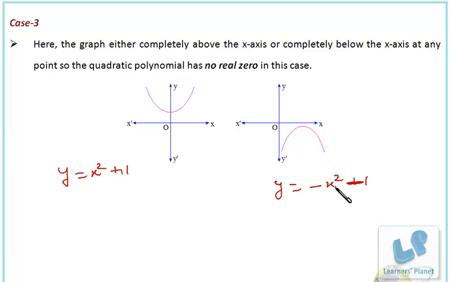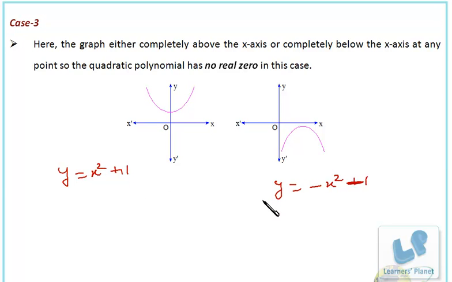Okay. If you put x is equal to 0, you'll be getting y is equal to minus 1. If you put x is equal to maybe minus 1, so it's minus 1 square, that will be 1, and this is minus 1, you'll be getting minus 2, right? So y will never be 0, right? So these are the two parabolas which we'll be getting when there is no real solution to the given equation.